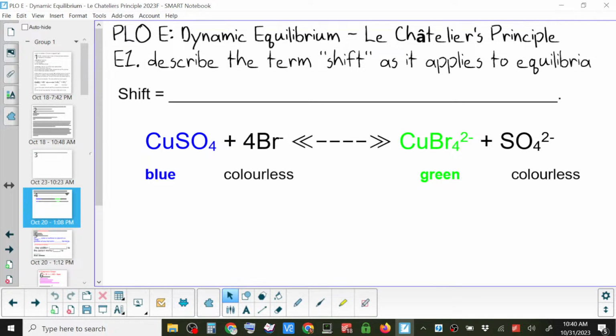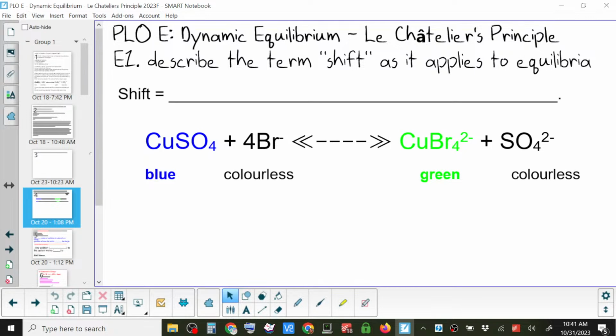This is the introduction to Le Chatelier's principle: whatever you do, nature tries to undo. We're going to add sulfate, so it's going to take that sulfate away. That's because of rate. We increase the concentration, we increase the rate of the reverse reaction, which means it's going to shove it over there. We'll see if it's true.